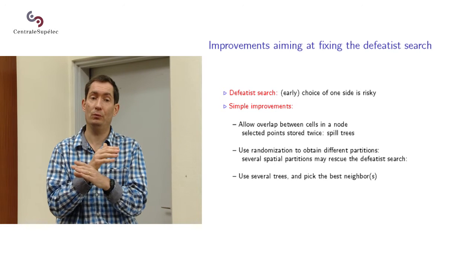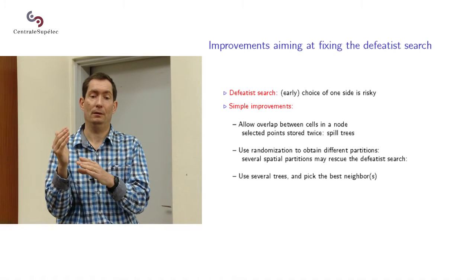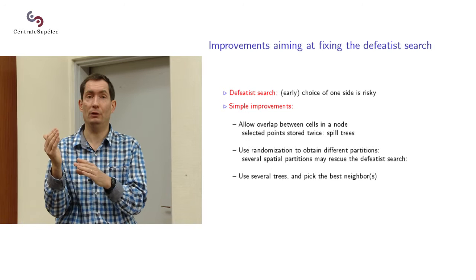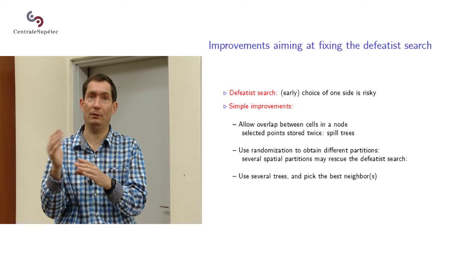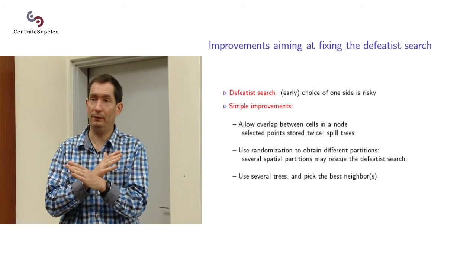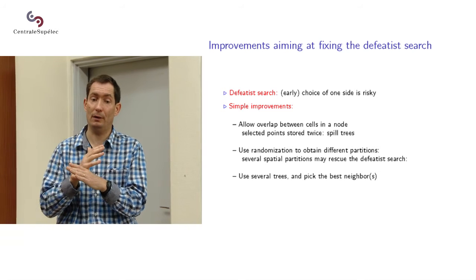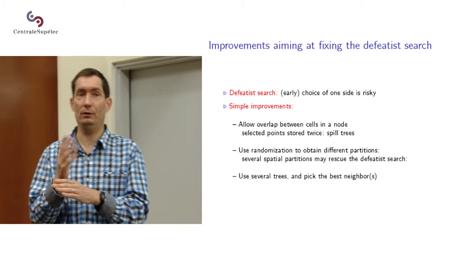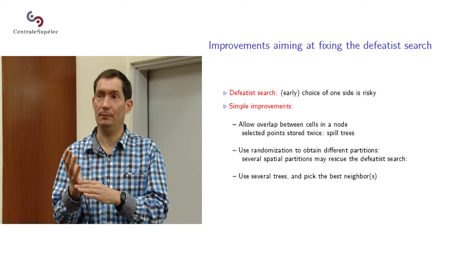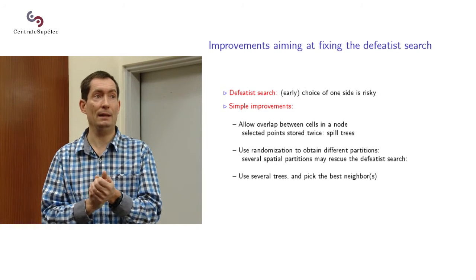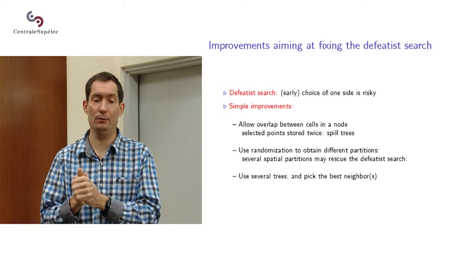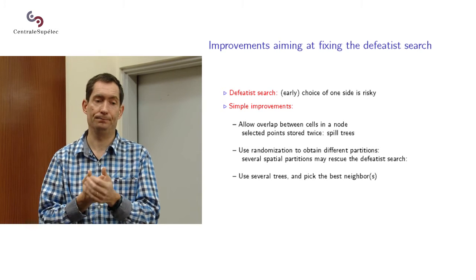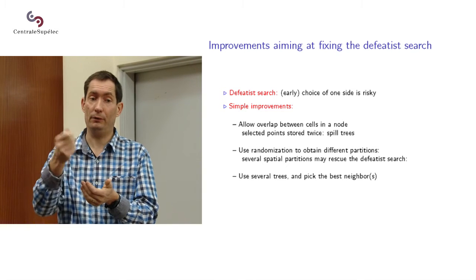In particular, what may be done too is to build not a single RP tree, but you can build as many as you wish, right? Because this is a randomized construction, meaning that if you run the same construction twice, you will get two different data structures, right? So hopefully they will yield the same nearest neighbors if you run such a query.